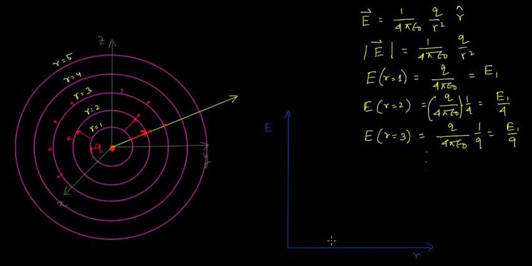Now suppose this is r equals 1, and I said E is equal to E1, so it will be here.